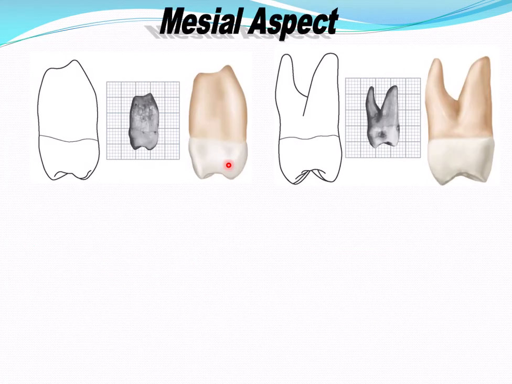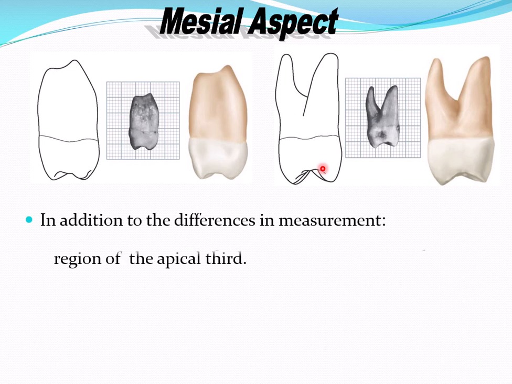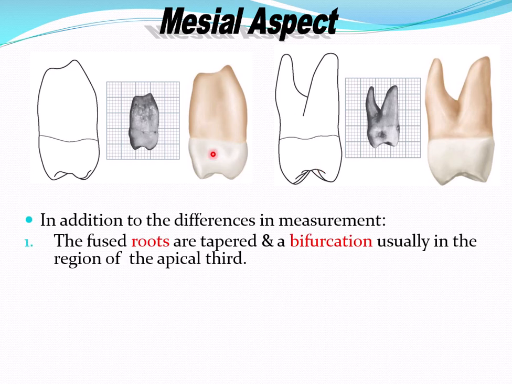The medial aspect, again: this is the maxillary right third molar, maxillary left second molar, and I compare between them and see these differences. Roots are fused, see the difference. Tapered. And most important of all, the furcation. Look at the furcation here. The furcation here is more than here, reaching nearly the apical third.